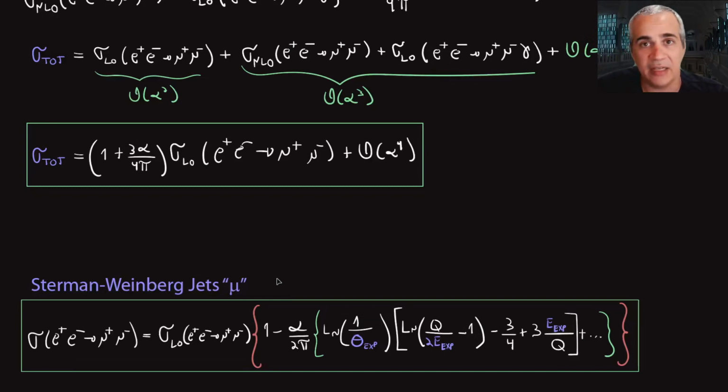But then if you do that, you don't need that fictitious mass of the photon that we have put in, right? Because now you have a physical infrared cutoff. Any angle smaller than your definition, or any energy for the photon smaller than the sensitivity of your detector, will be cut off, right?